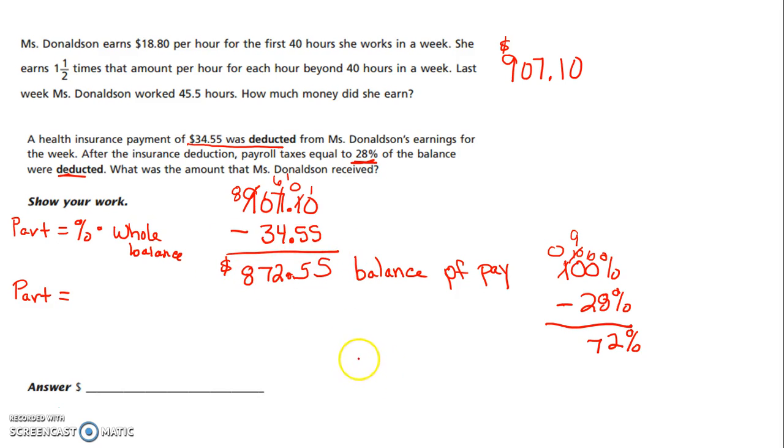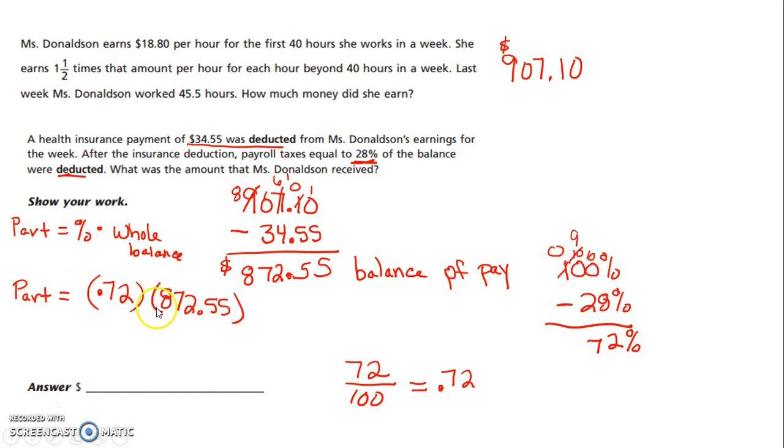So if we look at this, 72% means 72 out of 100. So you can multiply that balance by 72 hundredths, or a lot of times we just write it as the decimal. So this is 72 hundredths times $872.55. That's going to give us what she can bring home.